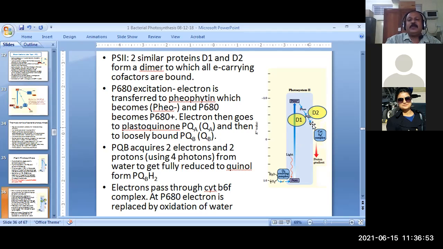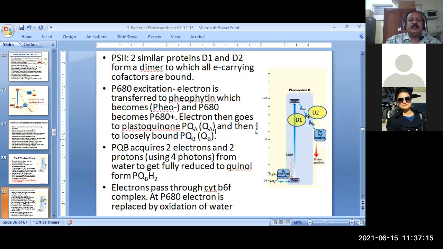Now only when the PQB molecule acquires both the electrons, just remember that, as well as 2 protons, because sometimes the electrons are associated with the proton also. That is to say, it is a hydrogen, isn't it? Two electrons and 2 protons means 2 hydrogen atoms.